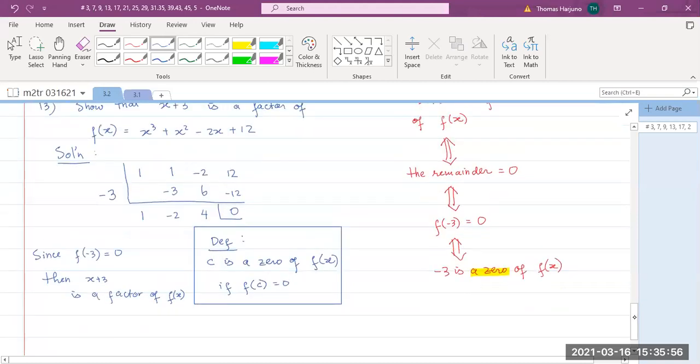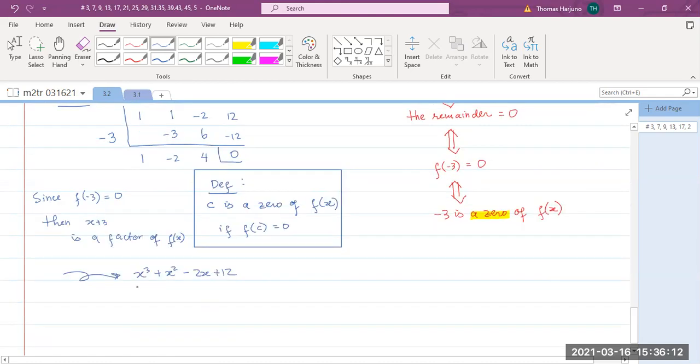In fact, let's say it this way. Basically, we are saying that x cubed plus x squared minus 2x plus 12 divided by x plus 3 is equal to x squared minus 2x plus 4 without remainder.